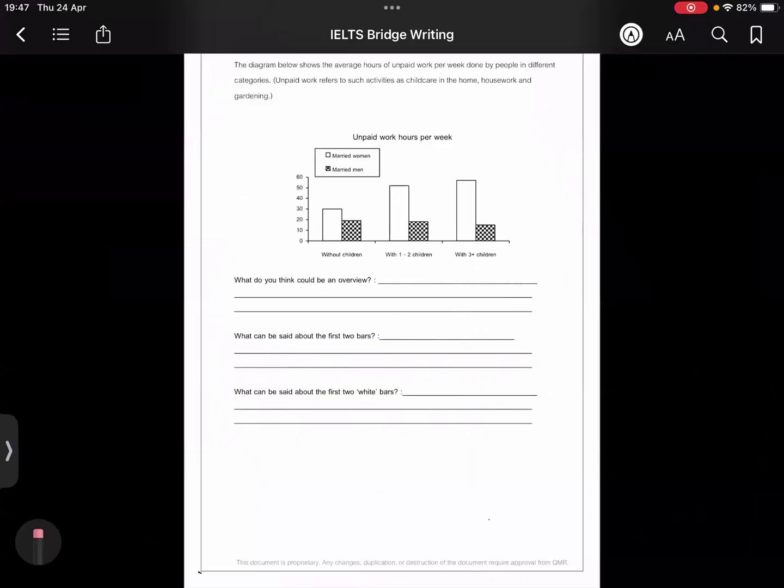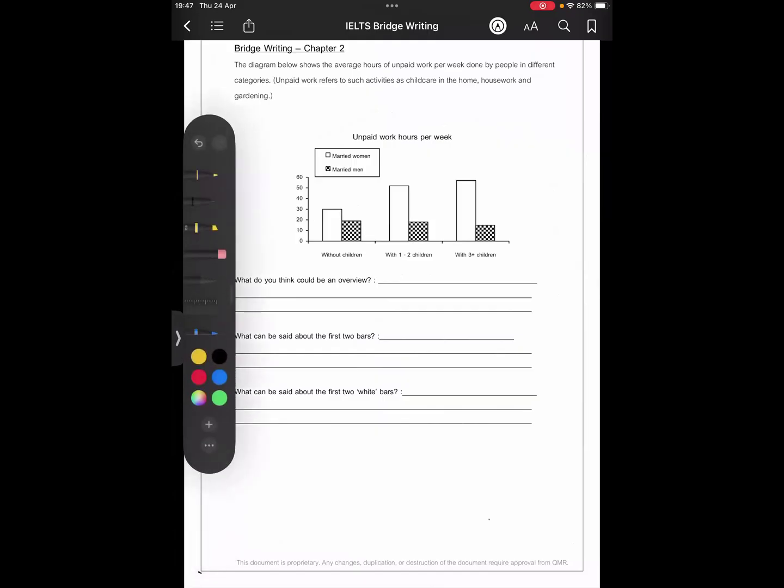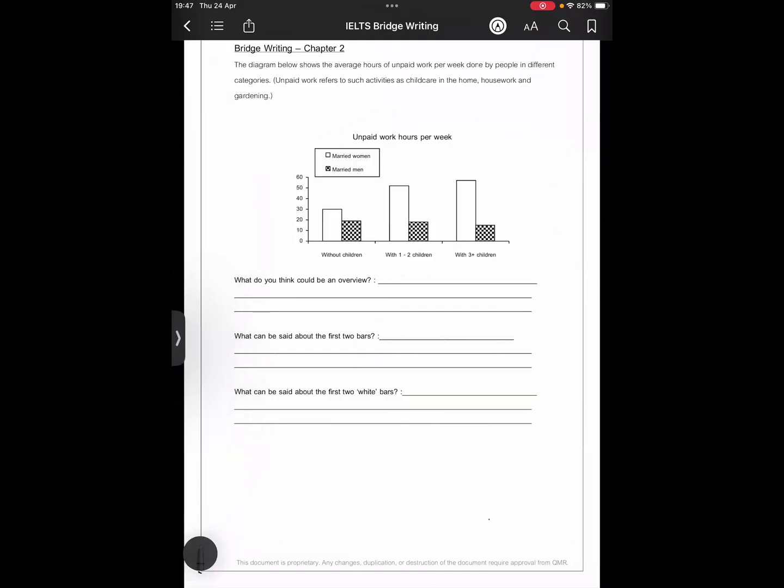Right. So based on what we have observed, what we can say here is, maybe if you just focus on women first, then we see that their hours went up.